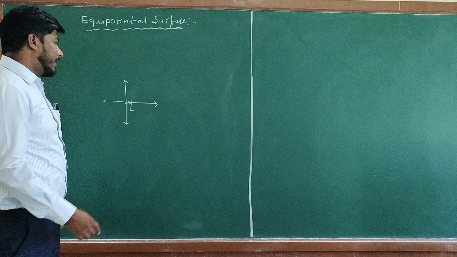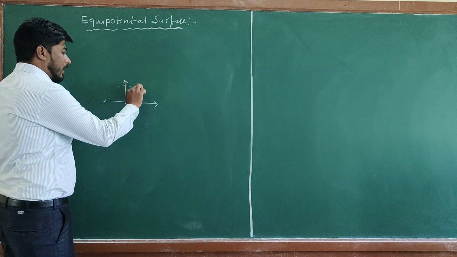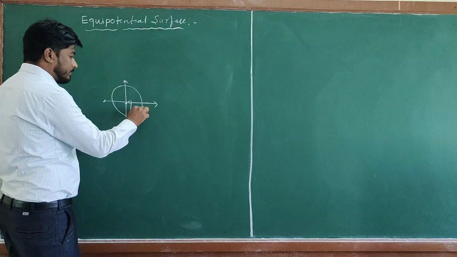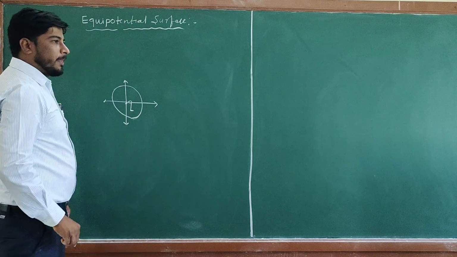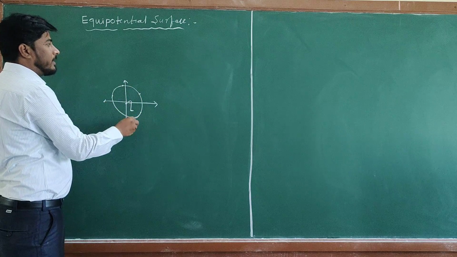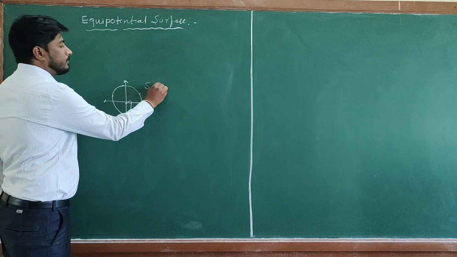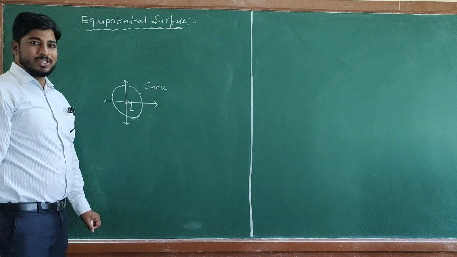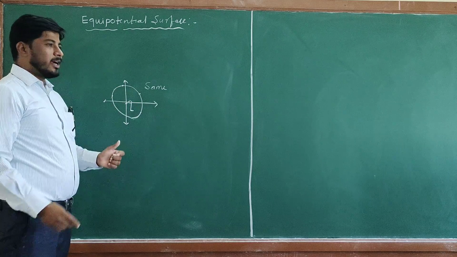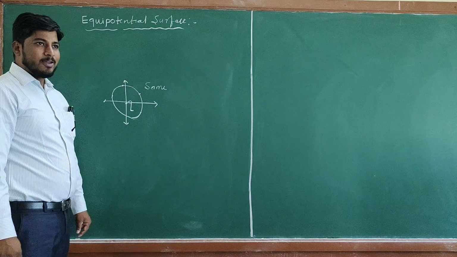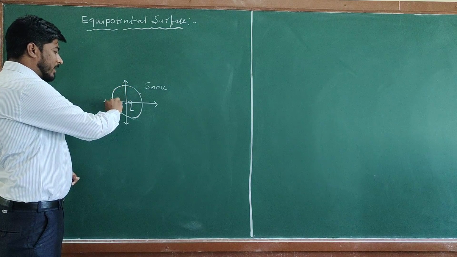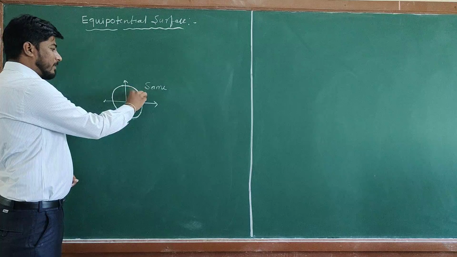If I imagine a surface around this charge, then at every point on this surface I get the same potential. There is a positive charge, and electric field lines are away from the charge. If I draw the imaginary surface, and at every point on it I get the same potential, then this surface is known as what?